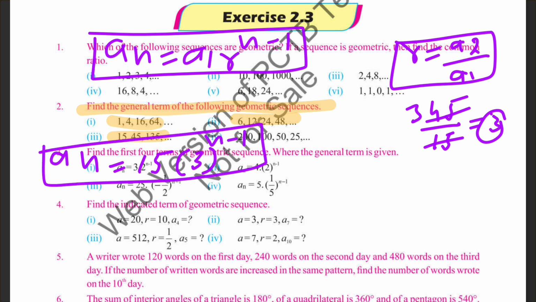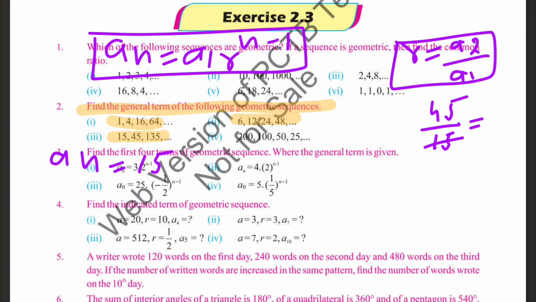Okay, next one is this part, and this one is 200, 150 and 25. First term is 200 right here.